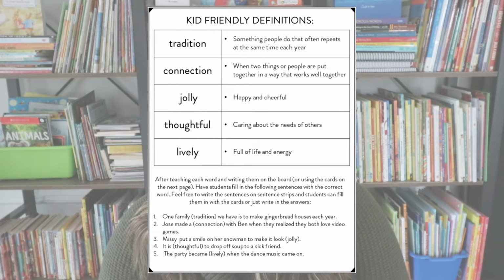So in my last video, I actually shared a holiday vocabulary freebie that I have for you, and I chose these specifically to teach around the holiday season. Students are going to have experiences with traditions, connection, the word jolly, thoughtful, lively. I picked all these words because they're going to come across in different texts that we read over the next couple weeks, along with the fact that they're also going to experience some of these things.